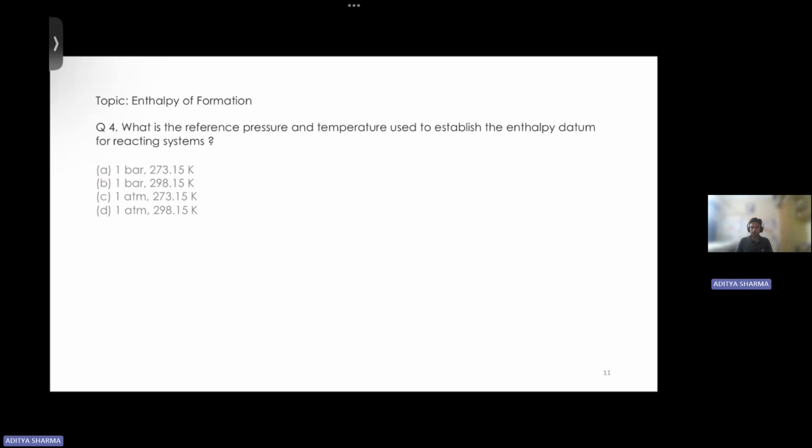So this is a fact-based question. This says, what is the reference pressure and temperature used to establish the enthalpy datum for reacting systems?